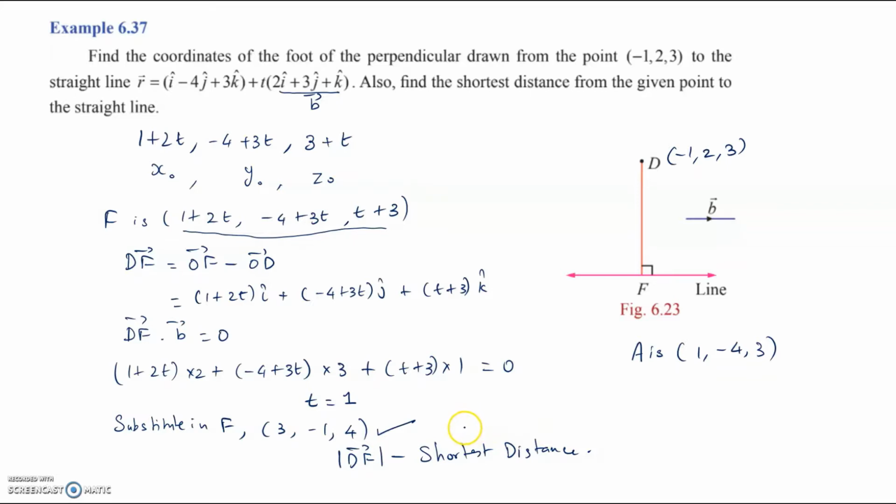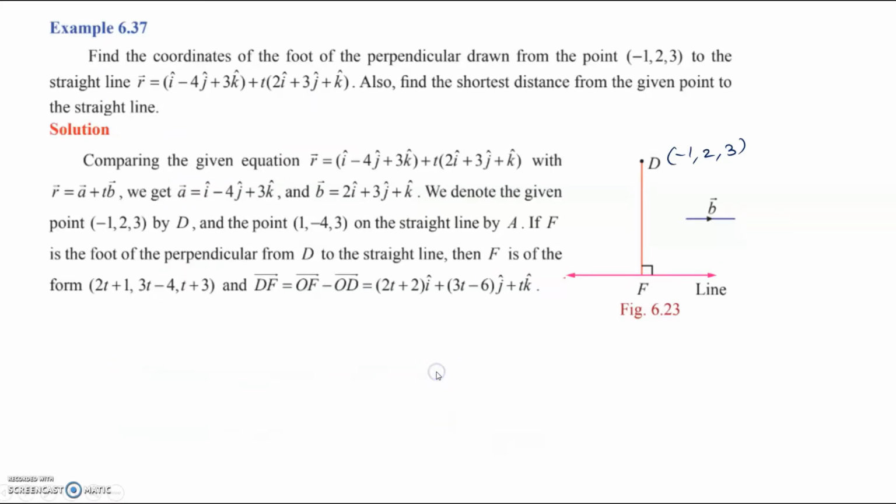Now let's actually solve this problem. Comparing the given line, which is this one, with the expression here, we get a vector as the first expression here and b vector as the second expression here.